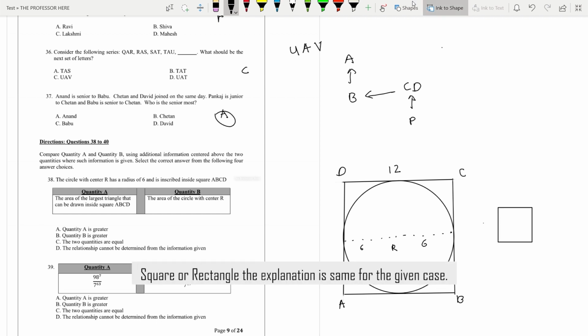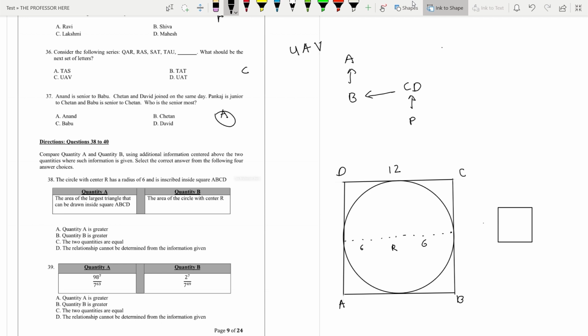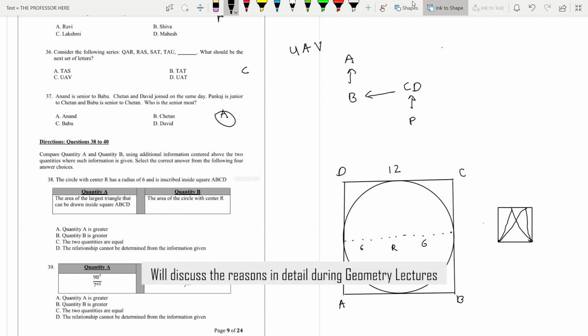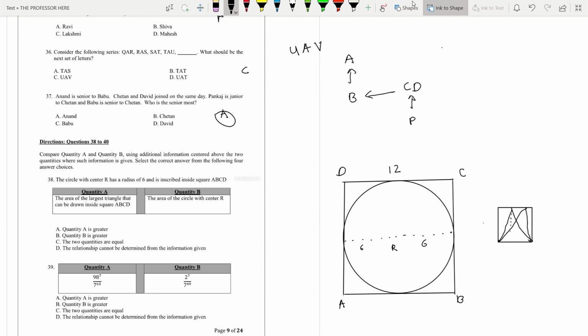So the largest triangle means the triangle which has this side as the base and it goes up to here, or it can be here. All of these have the same area, since the height is the same and the area is equal to half into base into height. The height is the same, and the base remains the same. So area A is equal to half BH.